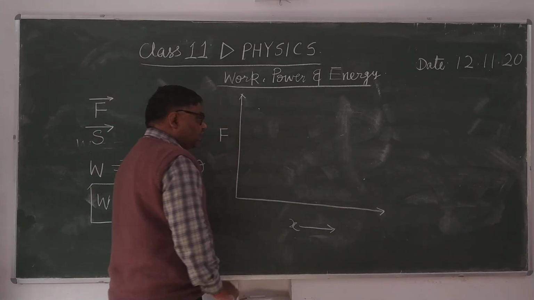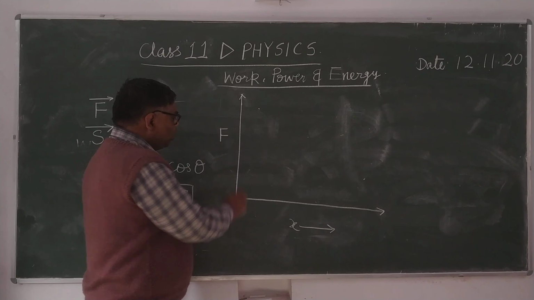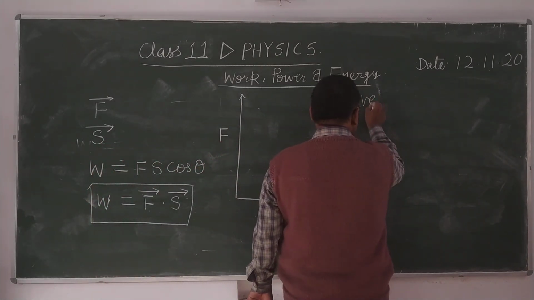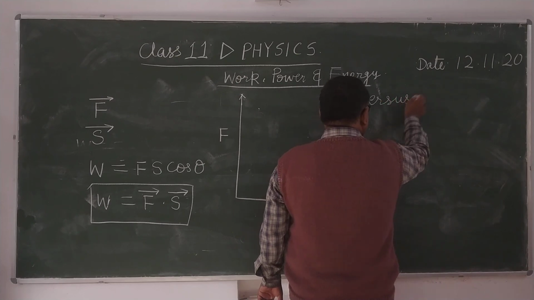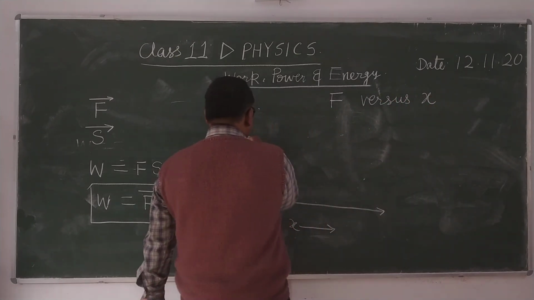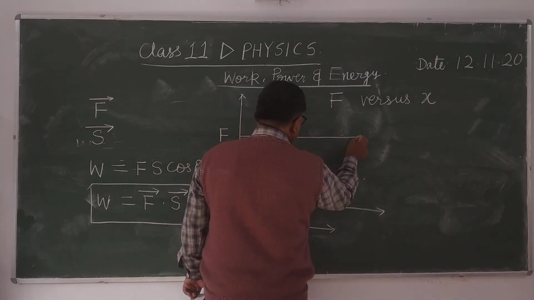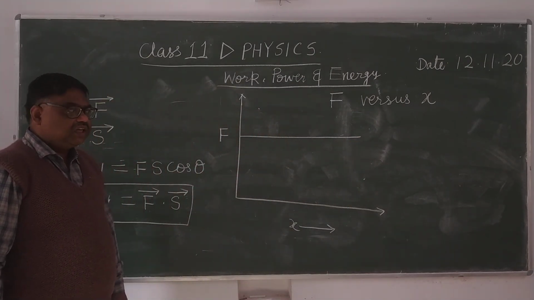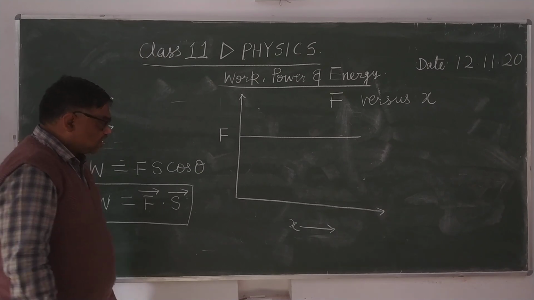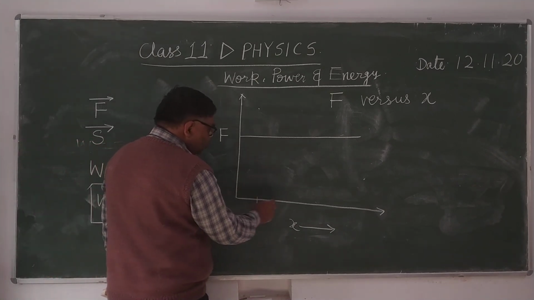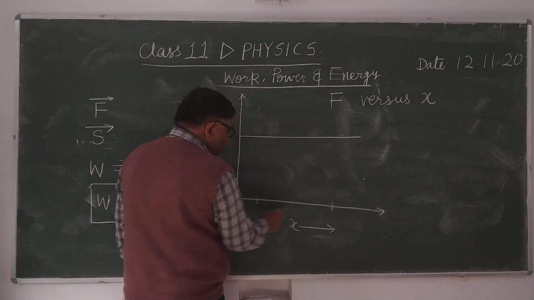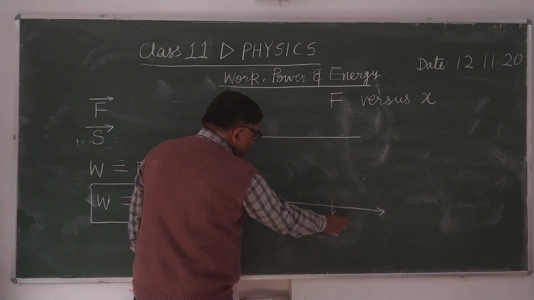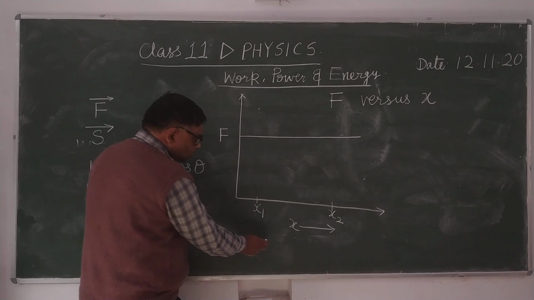That means work under constant force. How will you calculate that by the graphical method? The F versus x graph will be a straight line. It's clear because the magnitude of force is constant. If you have to calculate the work done in displacing the body from this position to this position, what is the amount of displacement here?